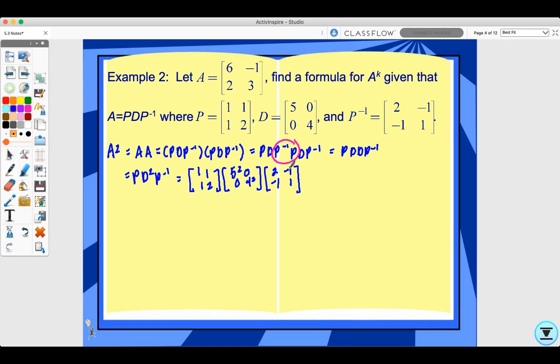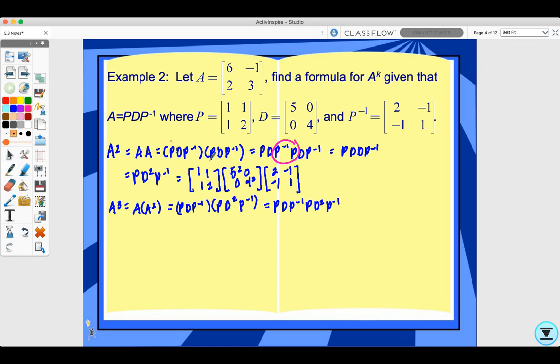So then let's go ahead and look at this for A cubed. And A cubed would be the same as A times A squared. A is P D P inverse. A squared is P D squared P inverse. And this would be P D P inverse times P D squared P inverse.